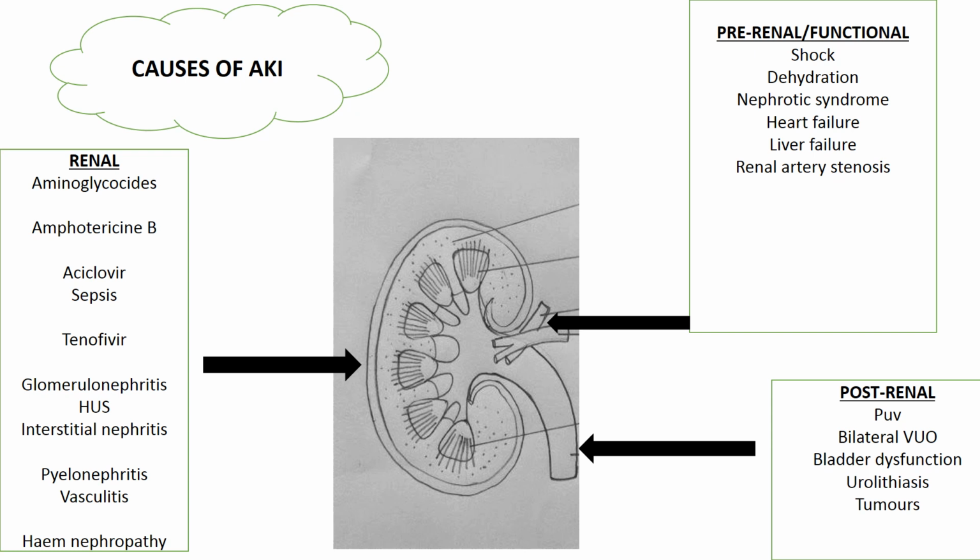Then we have glomerulonephritis, things like HUS, interstitial nephritis from various causes, infection of the kidney, things like pyelonephritis, vasculitic disorders, heme nephropathy for things like rhabdomyolysis, things like rapid intravascular hemolysis, which can also occur in situations like severe malaria. All of these are considered to be causes of acute kidney injury.